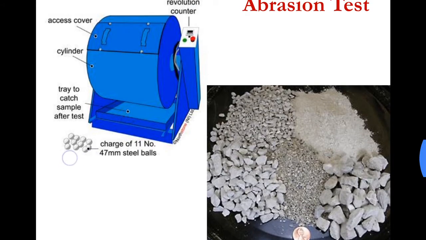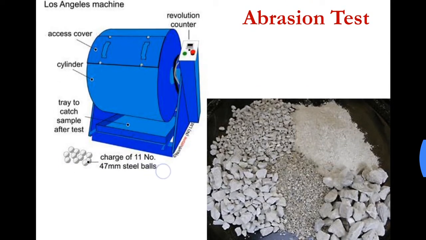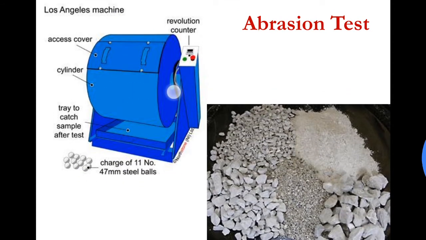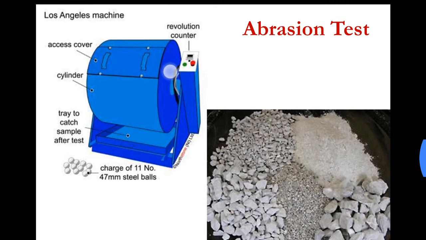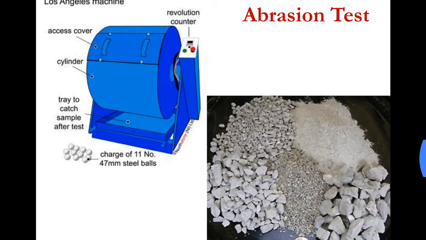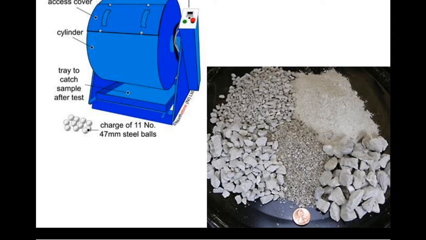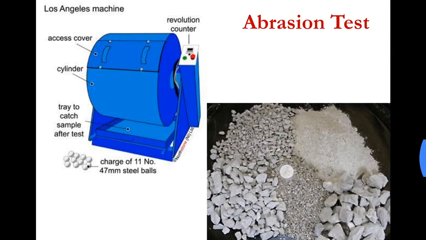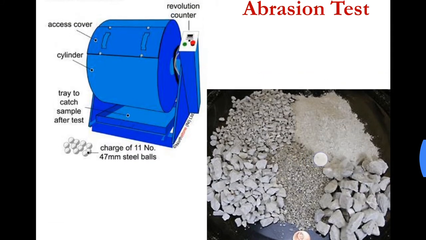Steel charges or steel balls are added into this drum, and the drum is closed. Then this drum is rotated for a fixed number of rotations, after which these aggregate samples are taken out and sieved under a certain size of sieve, and the weight passing through the sieve is recorded, and later on we find out the abrasion value, which is also recorded in percentage.